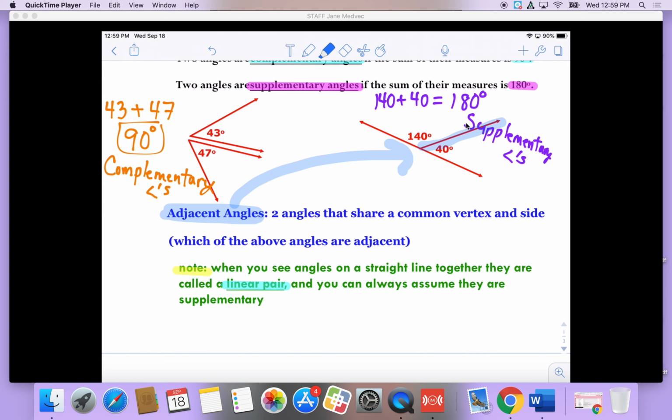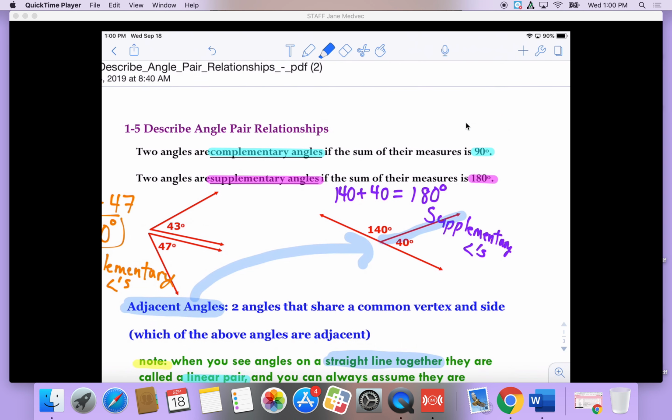The note is when you see angles on a straight line together, they're considered linear pairs. And you can always assume they're supplementary. So you'll notice that these angles right here form this line.